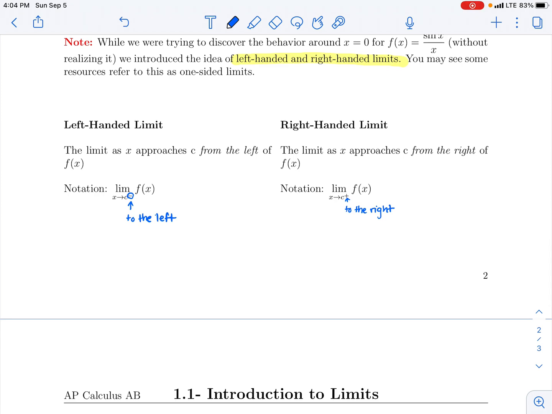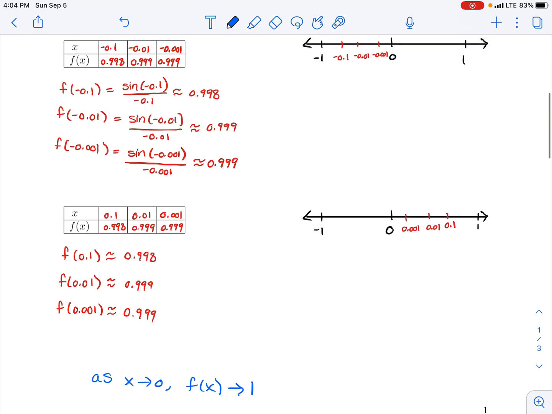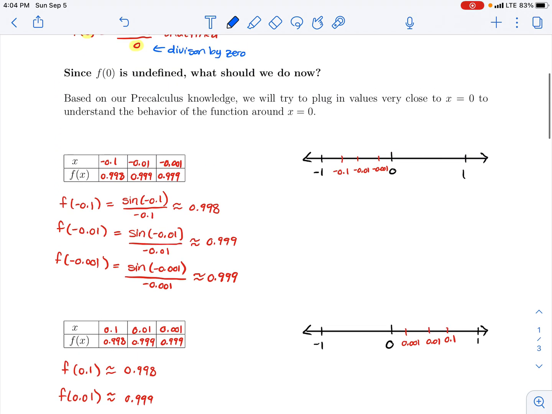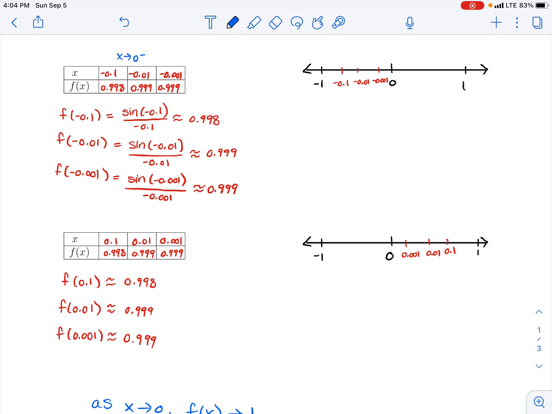Okay, and why am I saying we already talked about this? Well, when we go back to the first page and look at these two separate tables, this part up here would represent x approaching 0 from the left, because we were looking at x values to the left of 0, and we were getting closer and closer, right, as we were traveling from the left of 0.